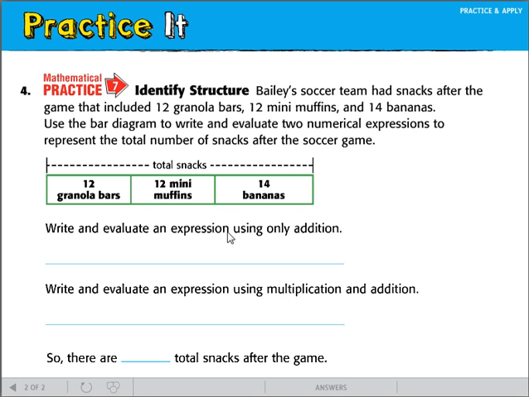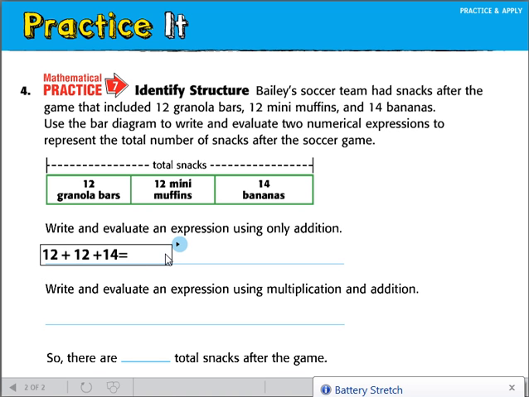The first one says using only addition. Now we did this on the last page. If we're only going to use addition, it's pretty simple. We're going to go 12 plus 12 plus 14 equals 36. 36.